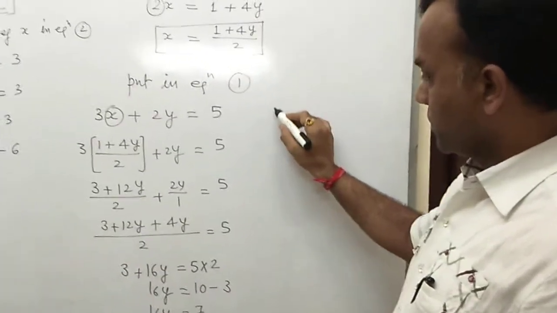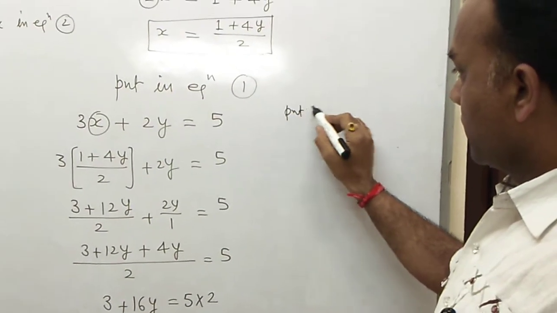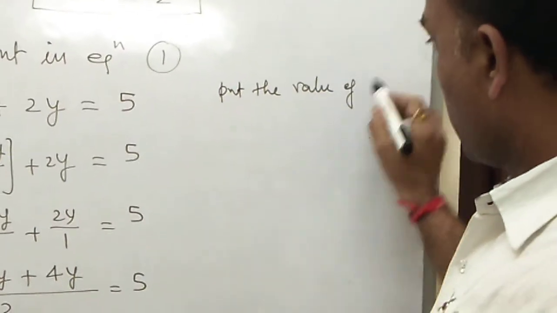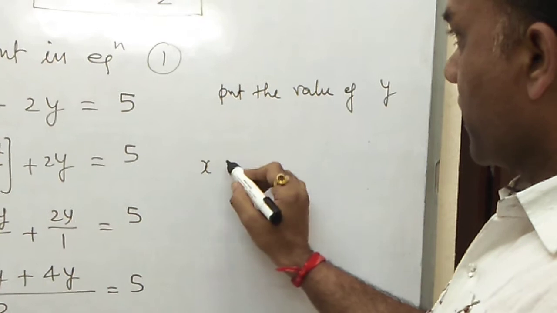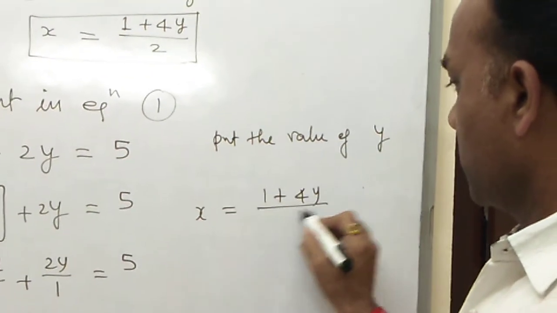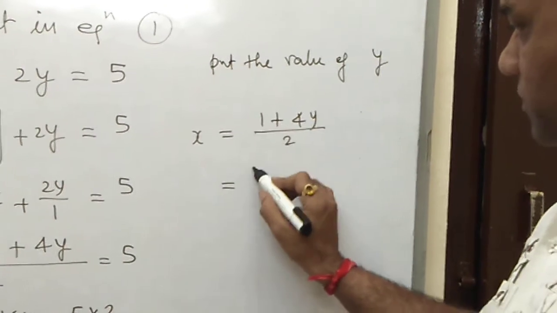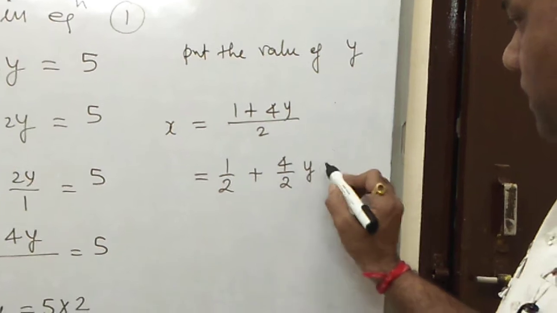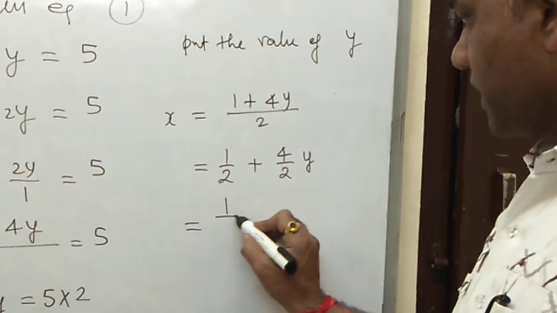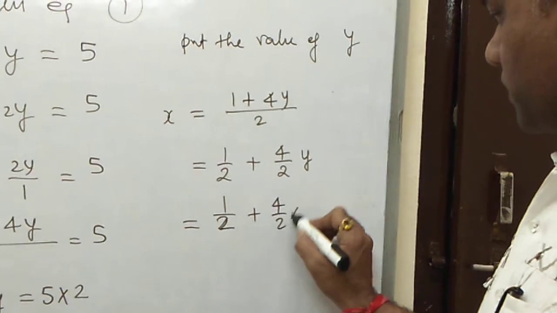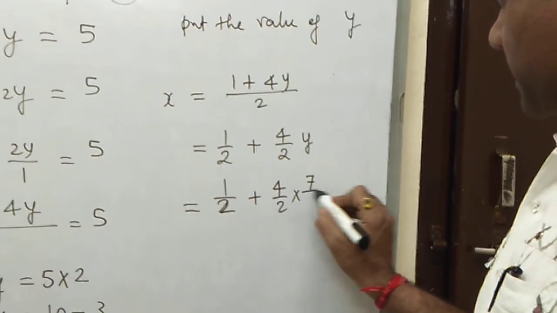So write down, put the value of y. x equal to 1 plus 4y by 2. First separate it: 1 by 2 plus 4 by 2 times y. Put the value of y: 1 by 2 plus 4 by 2 into 7 by 16.